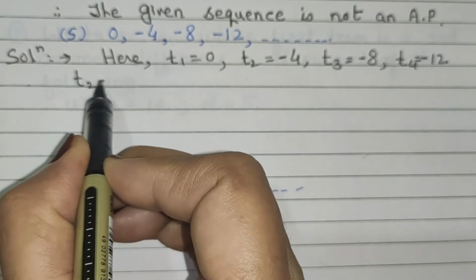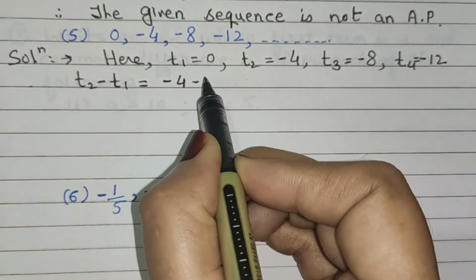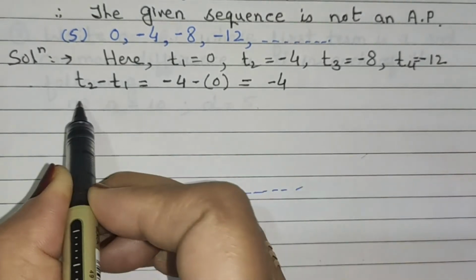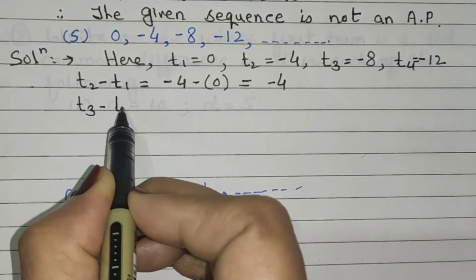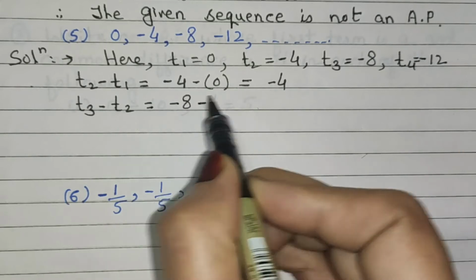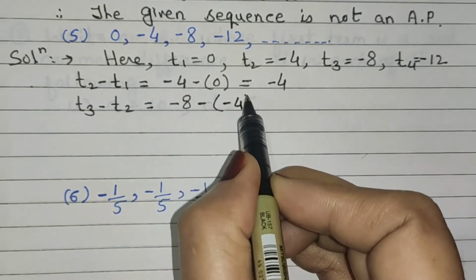Find out T2 minus T1. T2 means -4 minus of 0. We get here -4. T3 minus T2. T3 is -8 minus of T2. Now the value of T2 is -4.